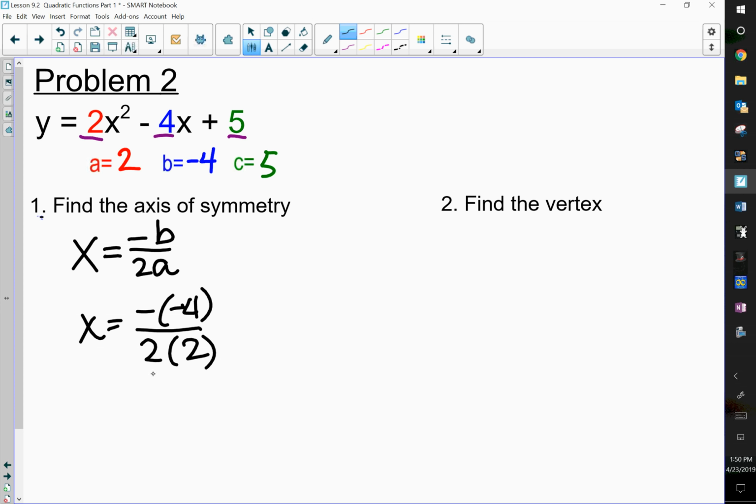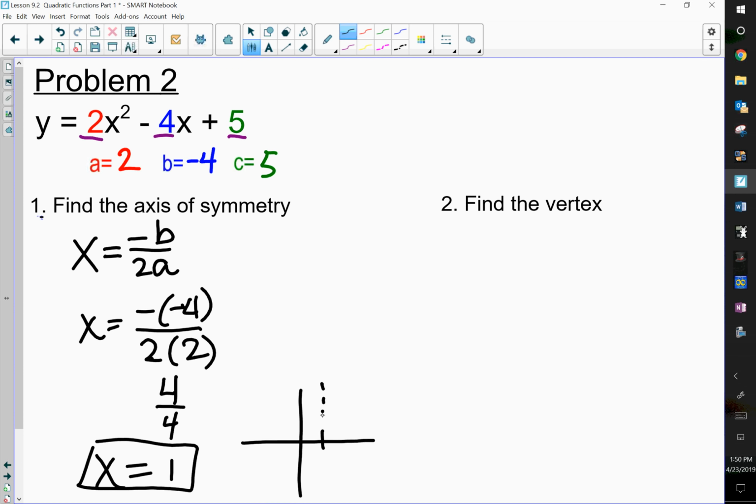Negative 4 makes positive 4. 2 times 2 is 4, so the axis of symmetry is x equals 1. Again, this x equals 1 represents a vertical line that passes through x equals 1.